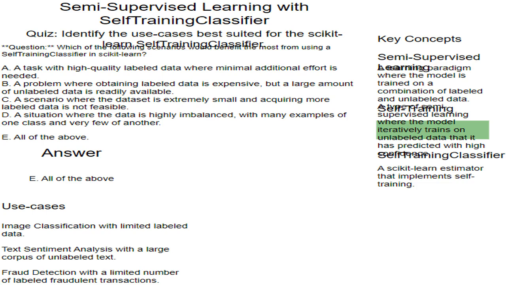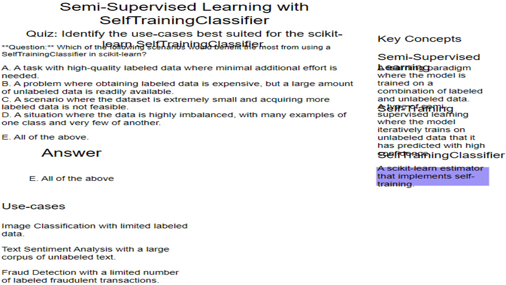A type of semi-supervised learning where the model iteratively trains on unlabeled data that it has predicted with high confidence. In text classification, using a small set of labeled documents and a large corpus of unlabeled text for training. The model can learn from the unlabeled text by identifying instances where it is highly confident about the classification.